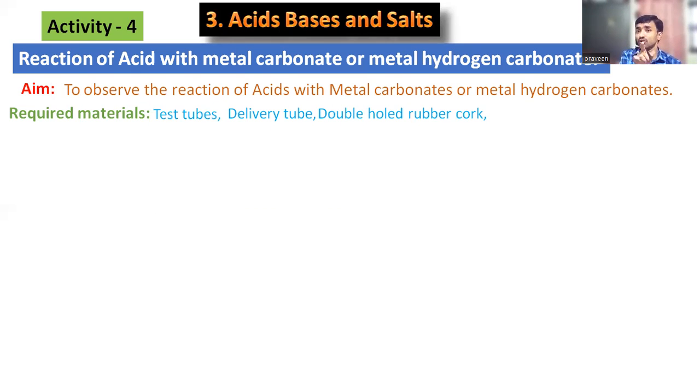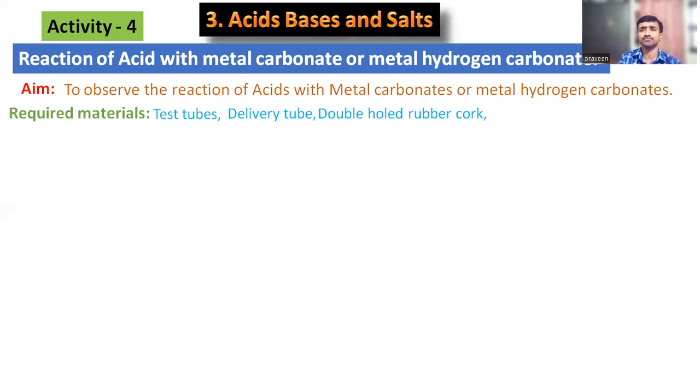Here to show you the escaping of gas. Before placing the rubber cork or closing it, I added zinc granules. So immediately, if the reaction is taking place, the gases may escape. To avoid that, now I am using a double holed rubber cork.